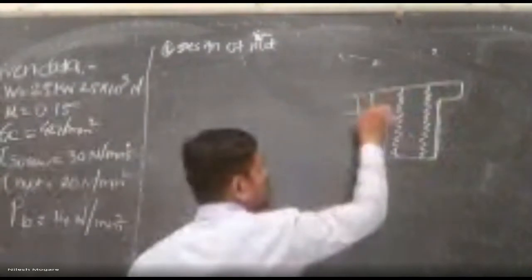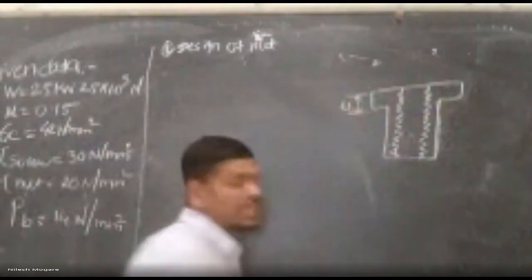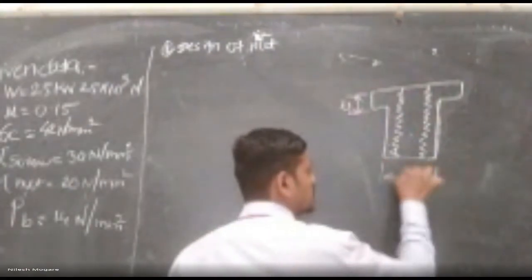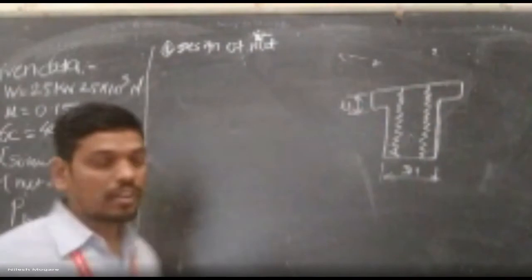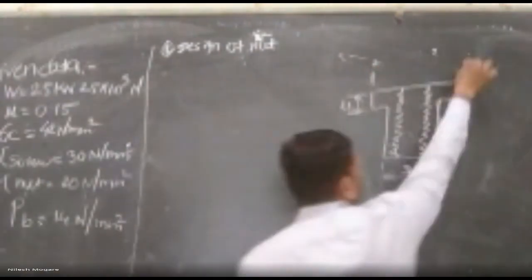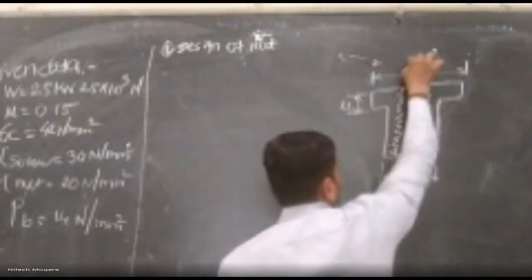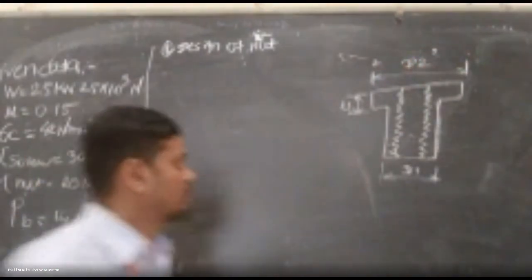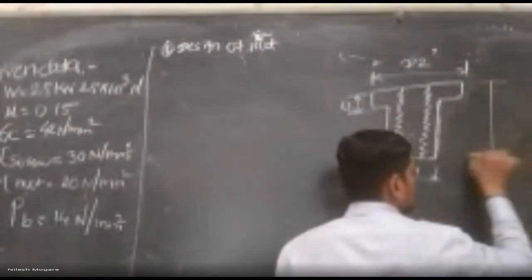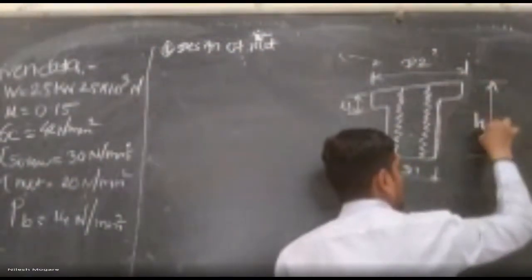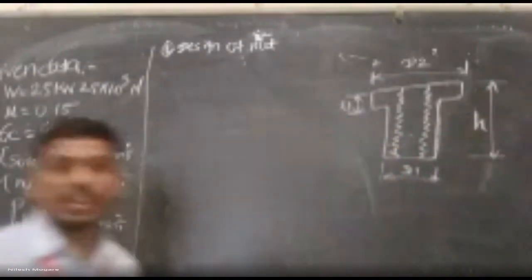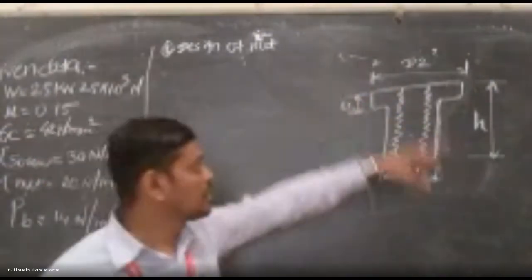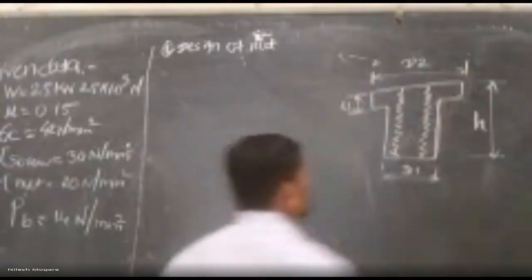This much distance is T1, that is the thickness of our nut. This much distance is called D1, outer diameter of nut. D2 is nothing but outer diameter of nut collar, and H is nothing but total height of our nut. So we have to find all these 4 dimensions.